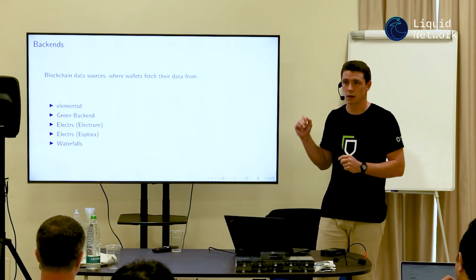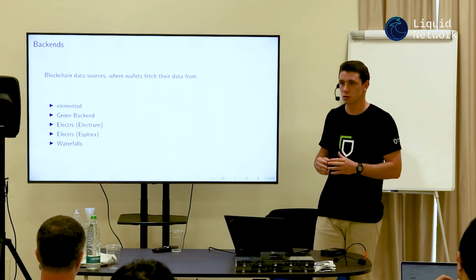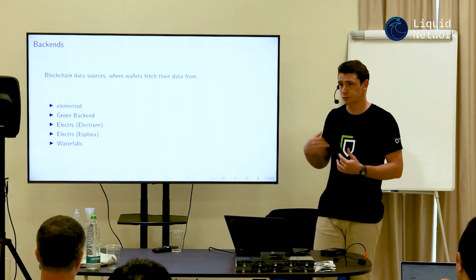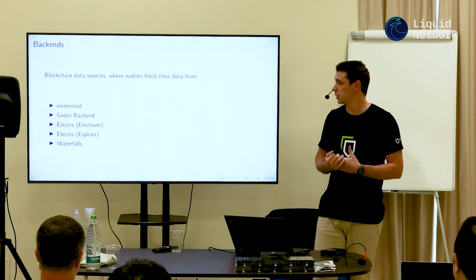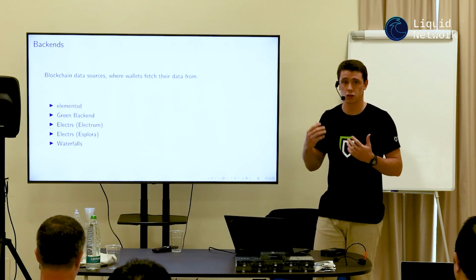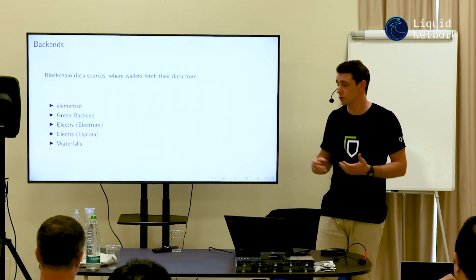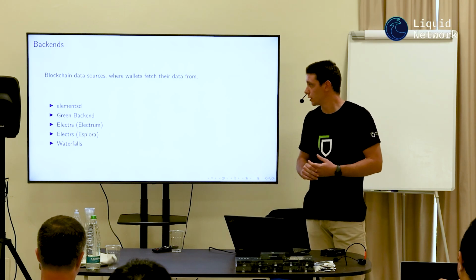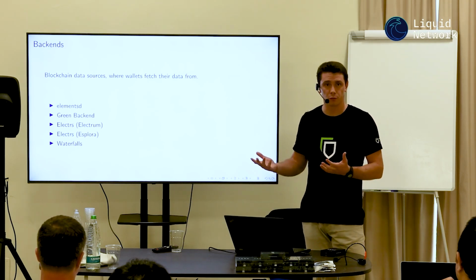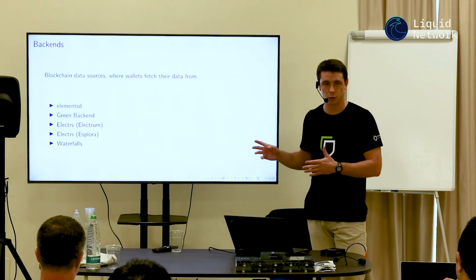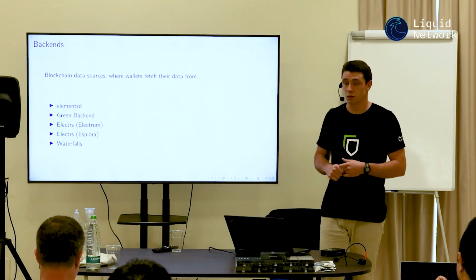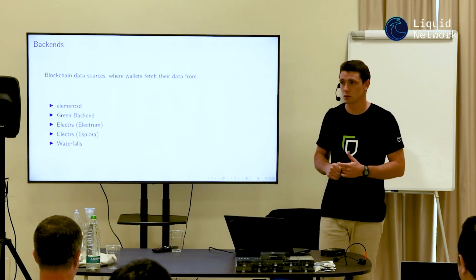So instead of doing 20 or more calls per descriptor, you just do one call to the server, and then the server will provide you with the list of transaction IDs that affect your wallet. That's worse in terms of privacy with respect to the Explorer and Electrum approach, which are equivalent, but in terms of performance, it's better. So it's kind of a trade-off.